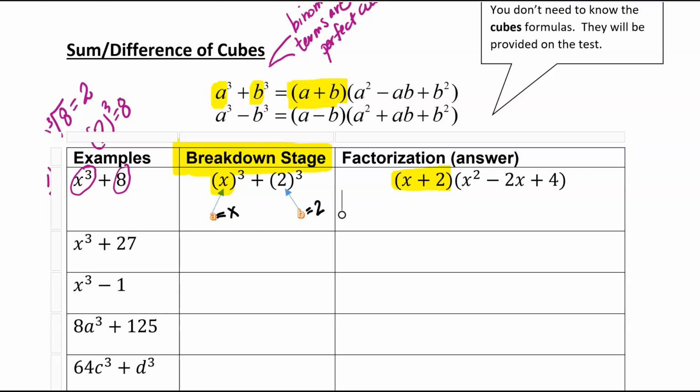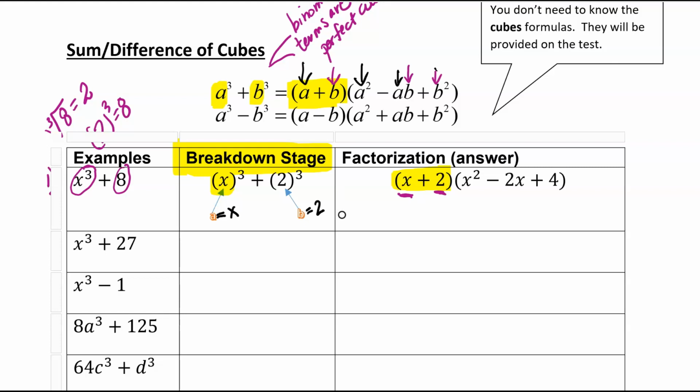So wherever you see an A in the formula, you're going to put x. And wherever you see a B in the formula, you're going to put 2. So for example, to form the first parenthesis, A plus B, A is x, B is 2.